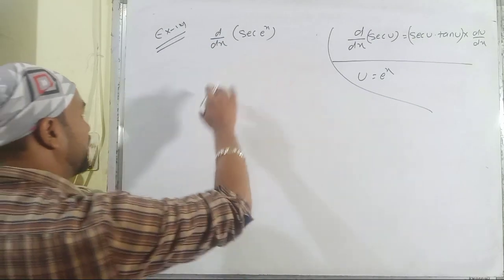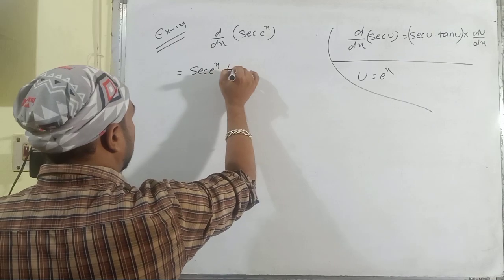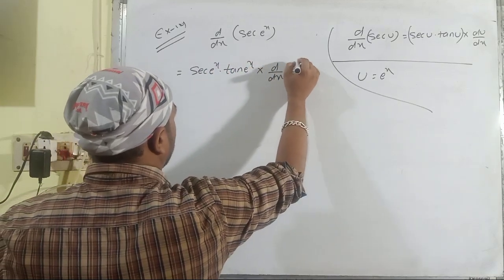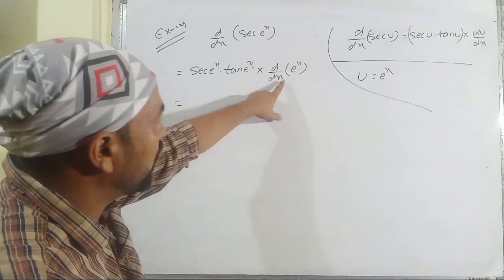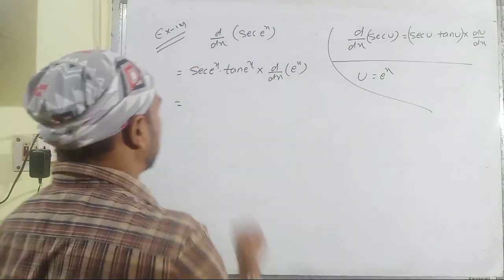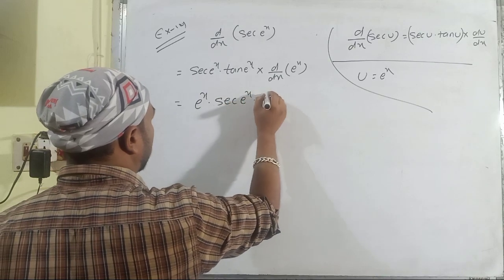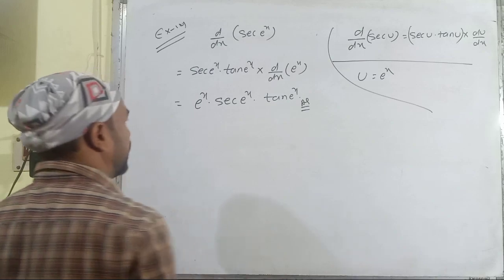So by applying this formula here, it will be sec e to the power x tan e to the power x multiplied with the differentiation of e to the power x with respect to x, and the differentiation of e to the power x with respect to x is e to the power x. So it will be e to the power x multiplied with sec e to the power x multiplied with tan e to the power x, which is the answer.